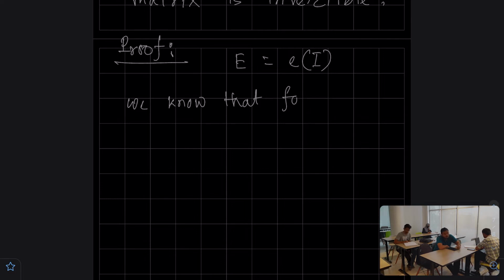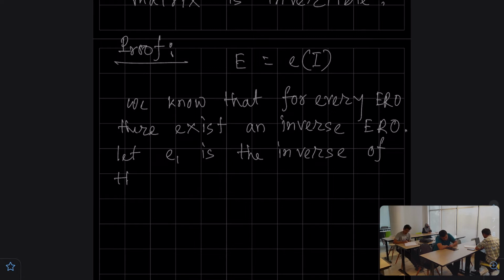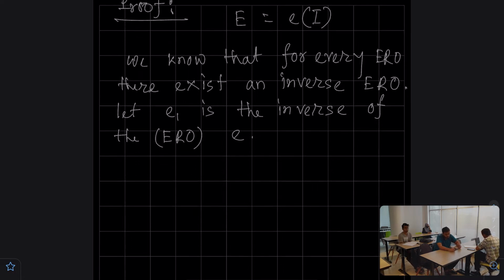Then what we know is that for every elementary row operation there exists an inverse row operation, and let E1 be the inverse of the row operation E. So we know that for every row operation there exists an inverse row operation, and I'm considering that E1 is the inverse row operation of that elementary row operation E. So then what is E1?